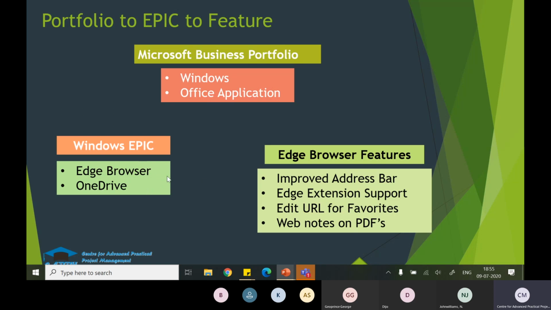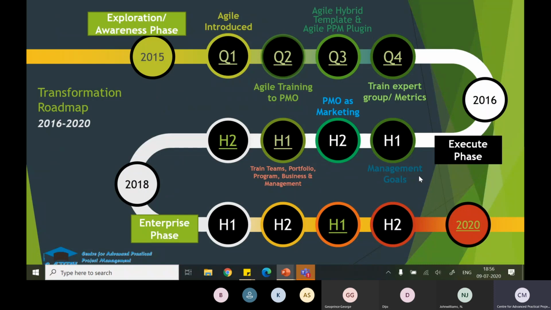So these are the two EPICs, and the Edge EPIC is broken down into different features: improve the address bar, the Edge extension support, edit the URL, web notes on PDF. And the features, if you break down further, you will get the stories, and stories are further broken down as tasks.